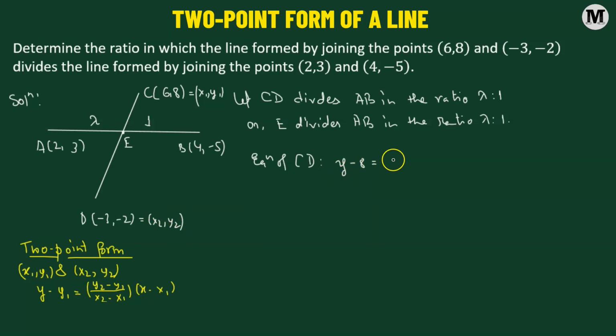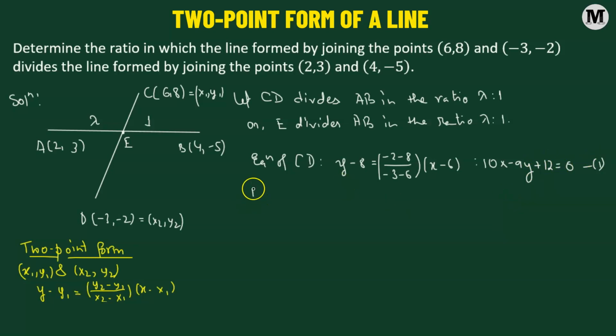This will be equals to, now we need y2 minus y1, so that's -2 minus 8, divided by x2 minus x1, so that's going to be -3 minus 6. So this gets multiplied to x minus x1, so x1 will be 6. That's the x coordinate of point C. So solving this equation, we get 10x minus 9y plus 12 equals to 0. We're going to label this as equation number 1.